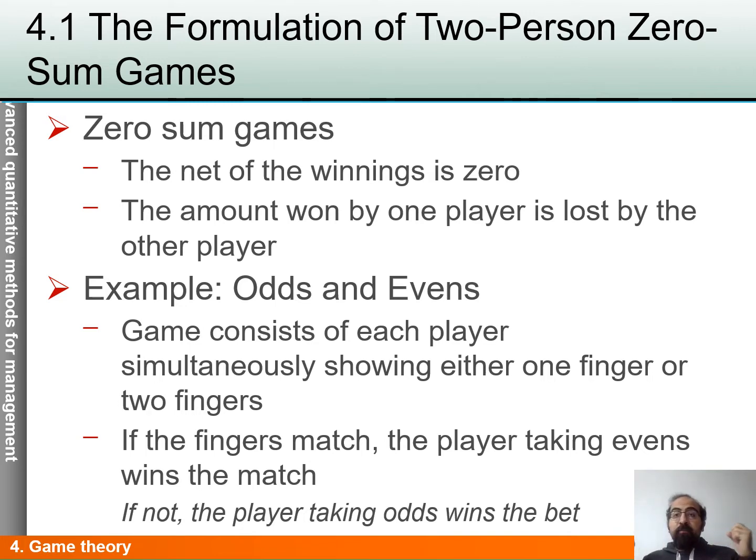At the same time we show our fingers. So what are the situations? I show 1 finger and my friend shows 1 finger; I show 2 fingers and my friend shows 1 finger; I show 1 finger and my friend shows 2 fingers; and I show 2 fingers and my friend 2 fingers.